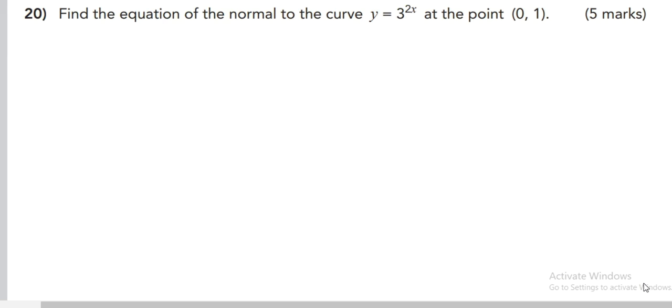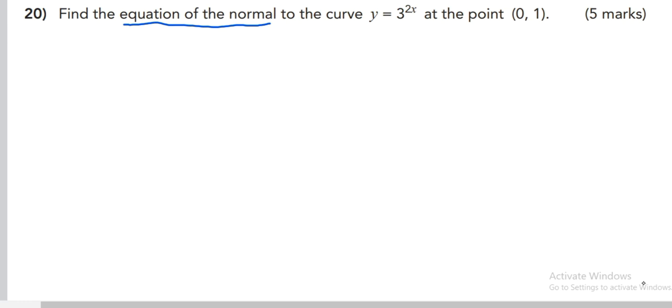Question 20. Find the equation of the normal to the curve y equal 3 to the power 2x at the point 0 and 1. In any question, if you are asked to find the equation of a tangent or equation of a normal, the steps are similar. You will find dy by dx and substitute with the point to find the gradient, and use one of the two forms of the general equation of the line, because a tangent or normal is represented by a line.